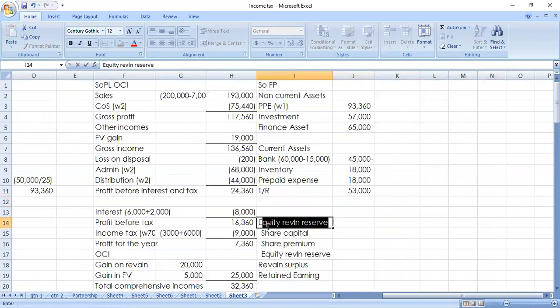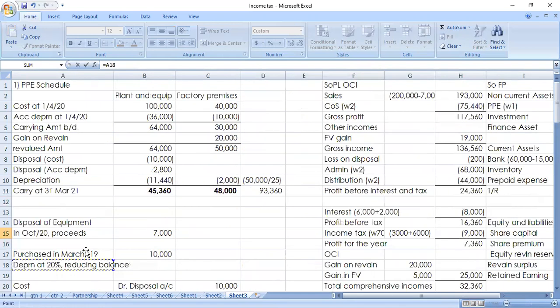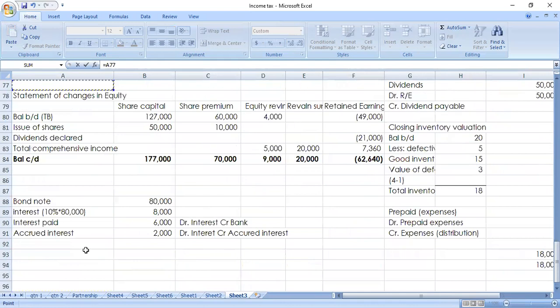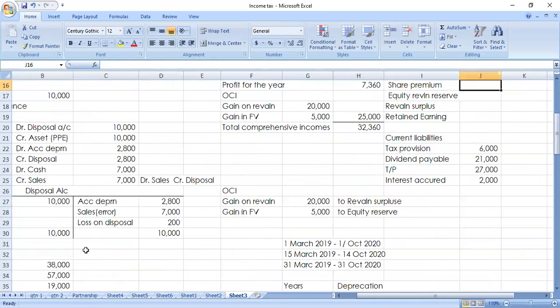I'm saying equity and liabilities. And under equity, you have this. Now you bring the balances the way they are. So for equity, you can just paste them there.